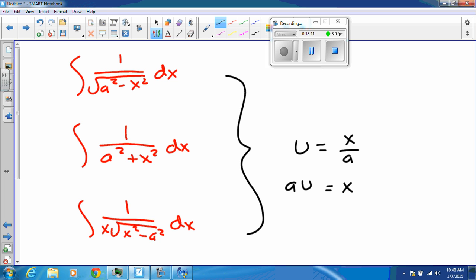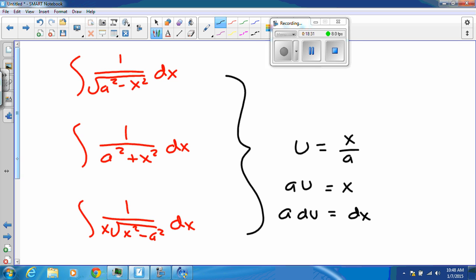Now, first, this is not obvious, but as soon as I pull off the substitution, you're going to see the brilliance of this. You're going to see the logic of it. So here we go. If x is equal to a times u, then dx is equal to a times du, right?